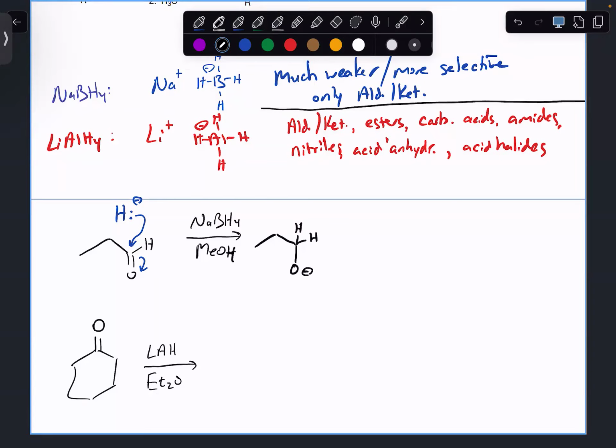And generally, sodium borohydride reductions are run in either methanol or ethanol. And the point of that is that it provides a proton source, right? That O minus species can just reach over and grab a proton from the protic solvent. And in the end, when you reduce the aldehyde, you end up with a primary alcohol.